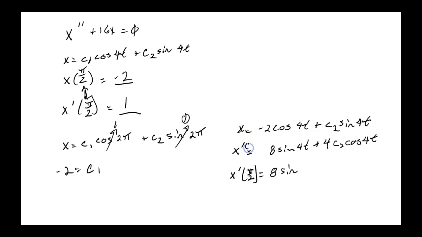When t is equal to pi halves, what's 4t? Same as it was before.